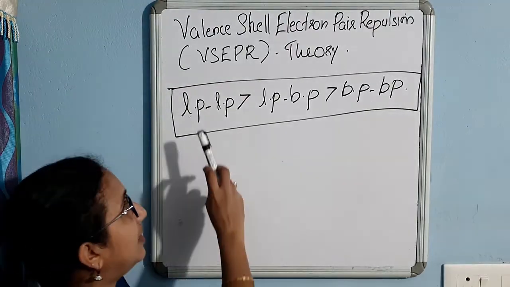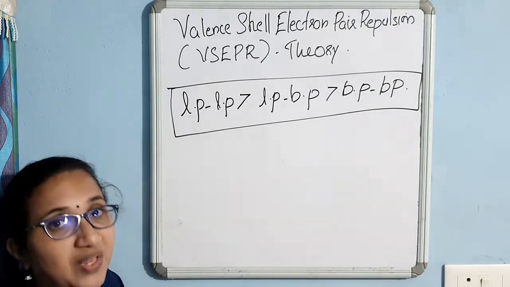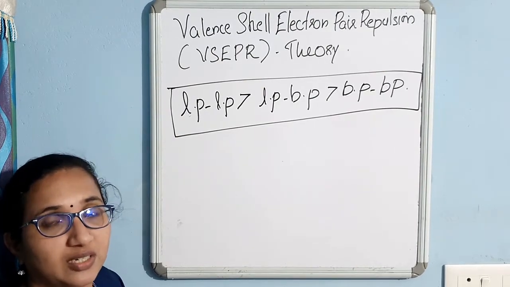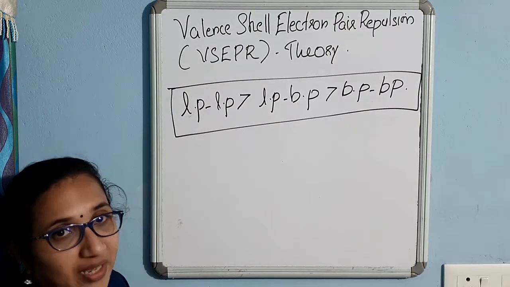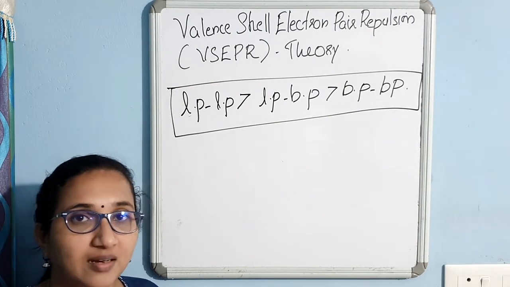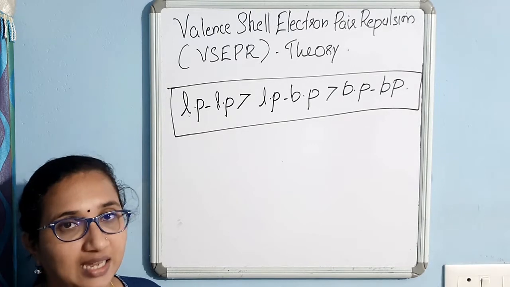So always remember the lone pairs offer maximum repulsion in the molecule. So the molecule will adopt a geometry where these electron pairs are kept as far apart as possible to minimize the repulsion and to maximize the stability.